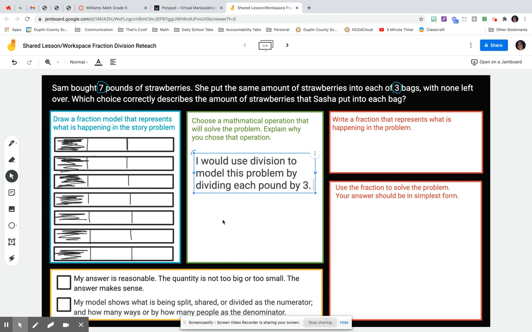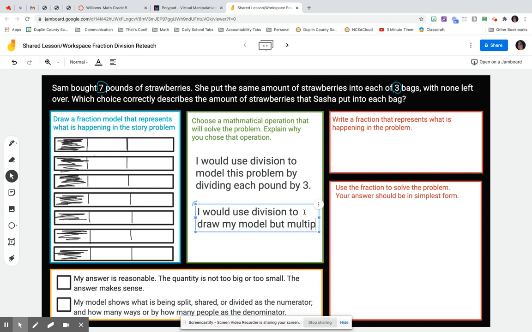But then I could also say, here's another example. I would use division to draw my model but multiplication to solve, because I drew 1/3 7 times.